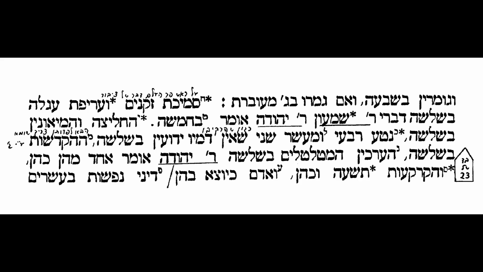Neter revayi u'maaser sheni, she'ein dam'av yedu'in, situations of fruits of the 4th year, or the maaser sheni tithe, which is characteristic of the 1st, 2nd, 4th, and 5th years of the Shemitah cycle, in the event that these fruits, which ought to be brought to Yerushalayim, but if they need to be evaluated, valued and redeemed in a situation where their market value is not known, for example, they're starting to rot, and the owner wants to redeem them and bring the money, the value of the fruits to Yerushalayim and eat and buy food there instead.